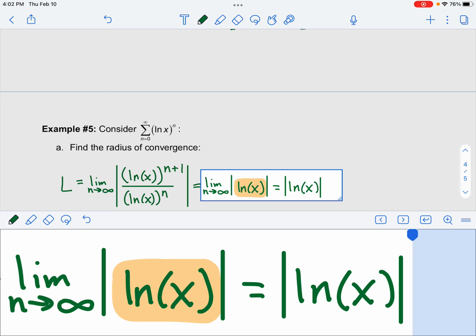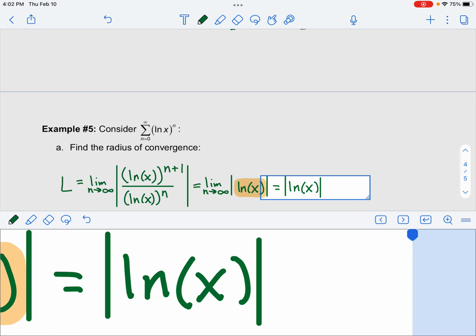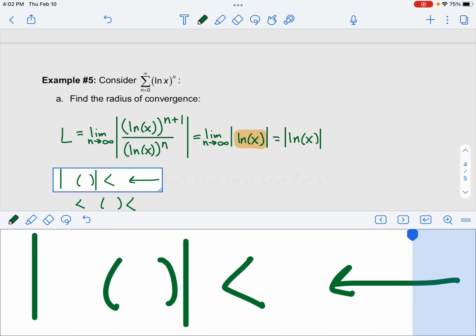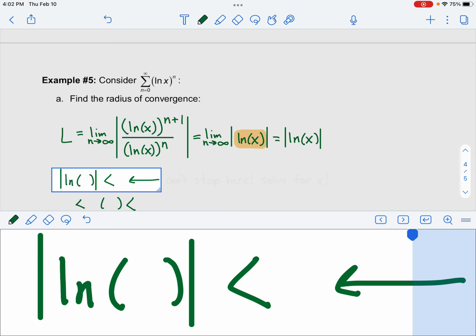Sorry, let me backtrack. I was going to say something and I realized it was wrong. So let's go back now and treat this like example 1. My L value has an x here, so I want this L value to be less than 1. So the absolute value of natural log of x has to be less than 1.